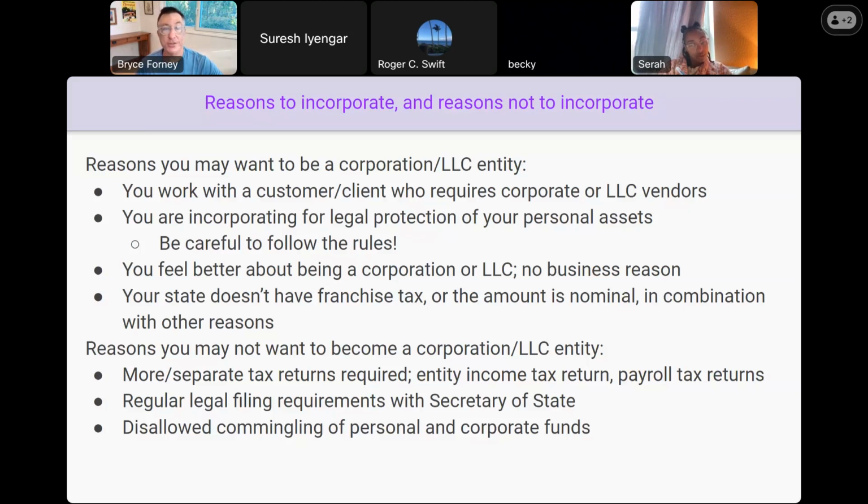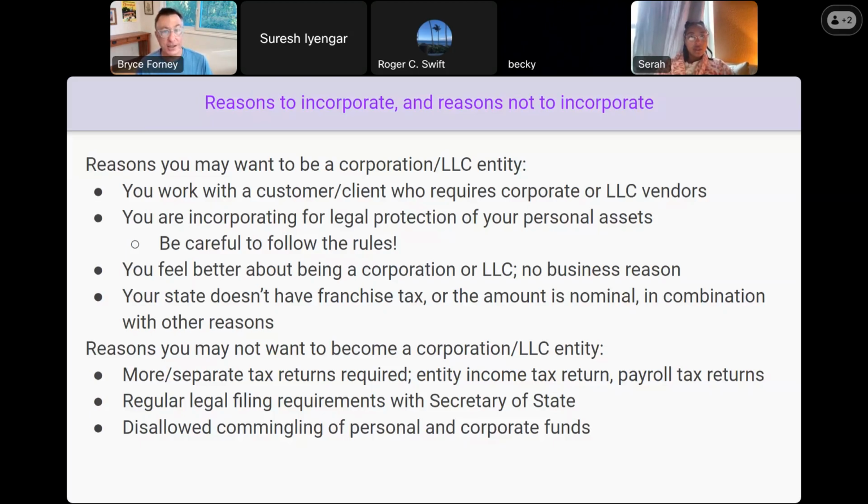If you can operate as a sole proprietor and buy lots of insurance at a relatively low price, then you can not really worry about your personal assets being at risk, because you've got so much coverage through the insurance. Because the insurance is really quite reasonably priced for professional liability insurance anyway.